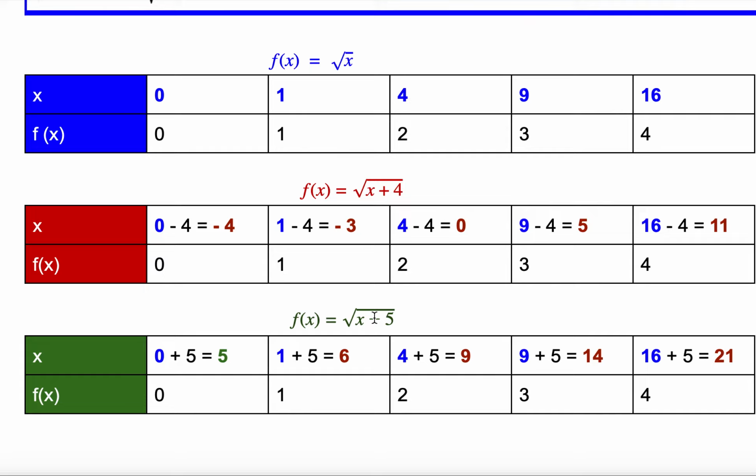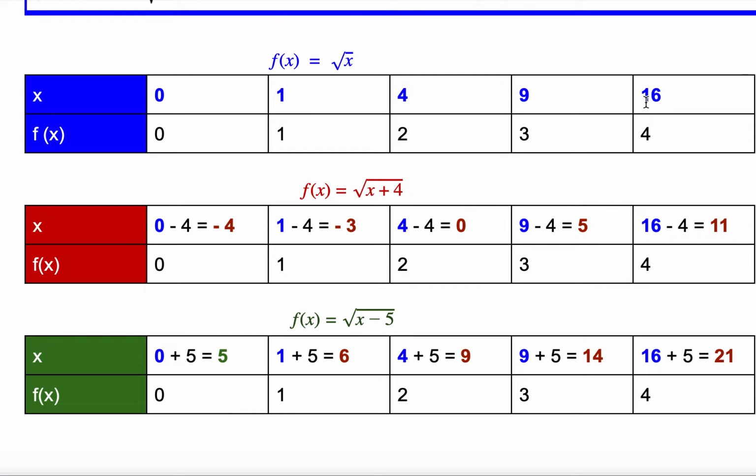Now we are going to the green function. This function is moving 5 units horizontally to the right. Here is a 0, plus 5 is 5. Here is 1, plus 5 units to the right is 6. Here is a 4, plus 5 is 9. Here is a 9, plus 5 units to the right is 14.